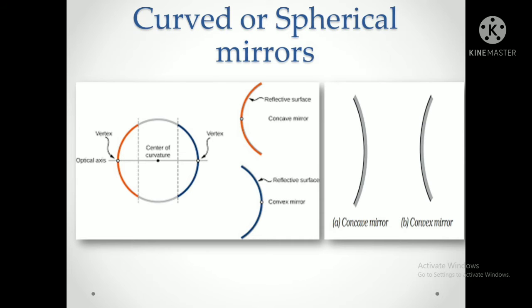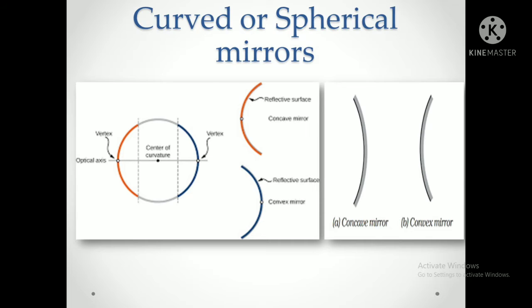These mirrors we use daily in our day-to-day life. Have you seen the spoon, you know? We take the food with it, no? Just think about the spoon. The inner side, from where the food is taken, is the concave side. And the outer side is the convex.